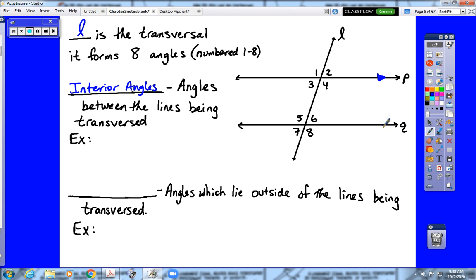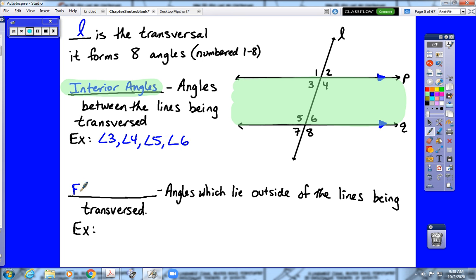So we're going to mark them as being parallel. See, those arrows mean parallel. And in between those 2 lines, we have 4 angles, 3, 4, 5, and 6. So angle 3, angle 4, angle 5, and angle 6 are your interior angles.